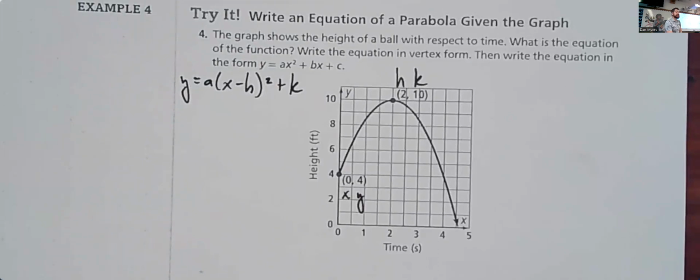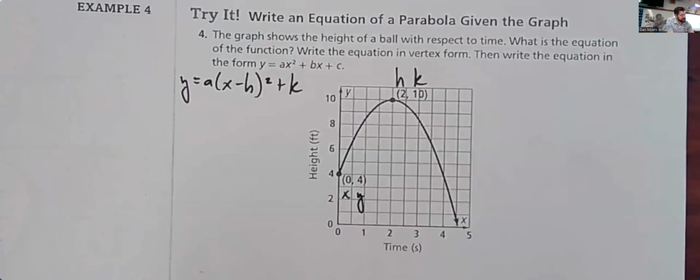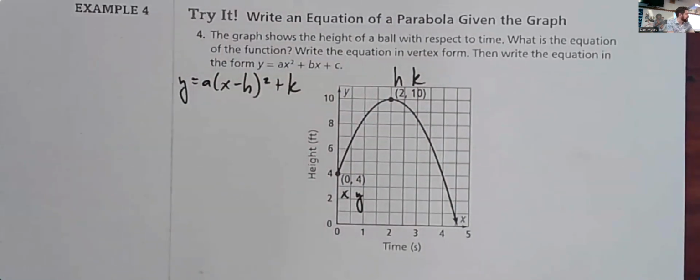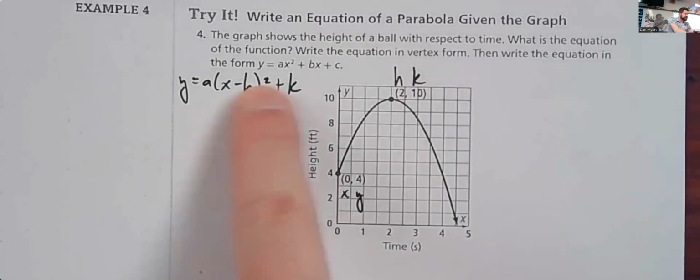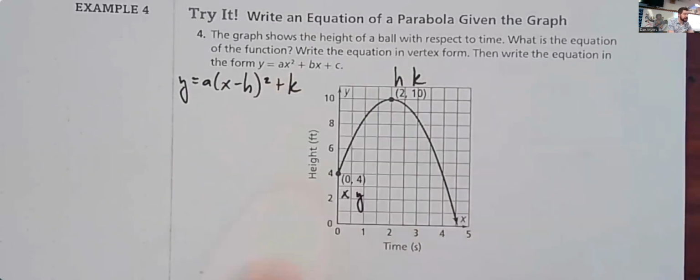We're doing the exact same thing we just did. Plug in for h, k, plug in for x, y, solve for a. I'm going to have you try that one on your own this time. I'll plug these in with you, and then I'm going to have you solve and write it in vertex form on your own. Once you have vertex form, we'll go ahead and convert to standard form together.